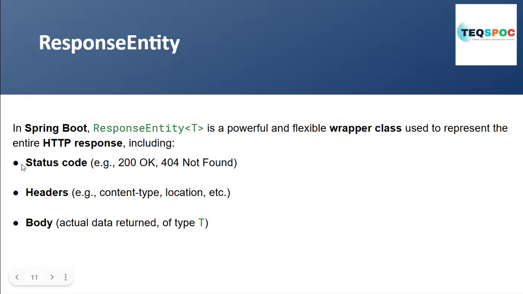In this HTTP response we have a status code, like 200 or 404 not found; headers, like content type or location; and body, where we pass the actual object or data we want to return. So this is basically the use of ResponseEntity.